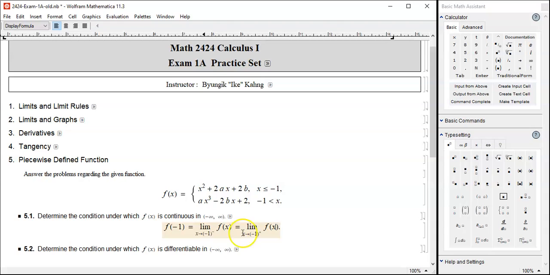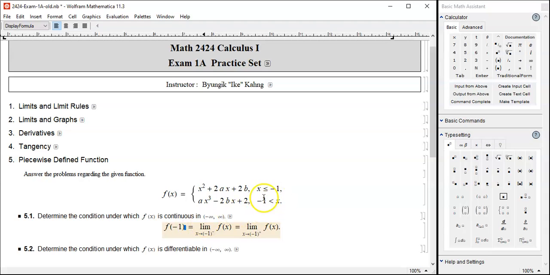In this particular case, these two are always the same because equality is included in the first line. Now, if you have three lines here, less than -1 for this, greater than -1 for that, and then another condition, third line for x equals to -1, in that case we have to consider all three.